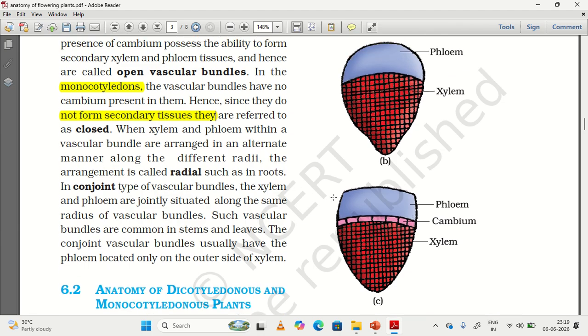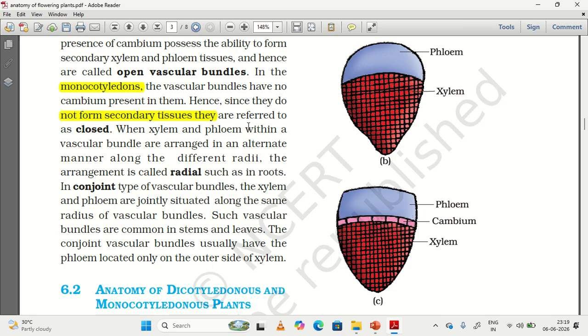Okay. If there is a cambium in between the xylem and the phloem, we call it an open type of vascular bundle, which helps in secondary growth. Whereas if there is no cambium in between the xylem and phloem, that kind of vascular bundle is closed, and it can be found in monocots. Okay.